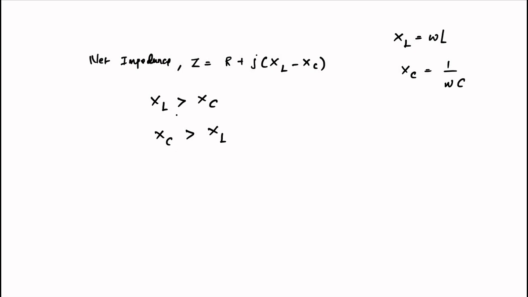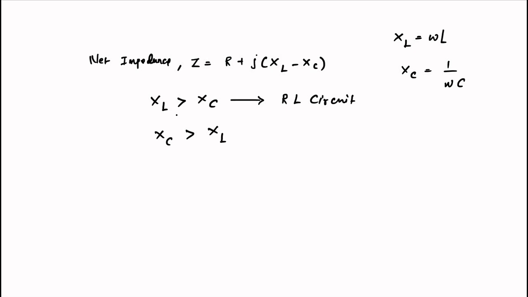If the inductive reactance is greater than the capacitive reactance, then the circuit will tilt towards the RL side. It will overall behave like a RL circuit.